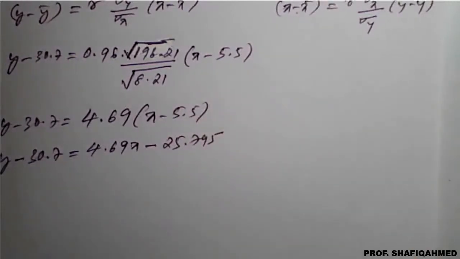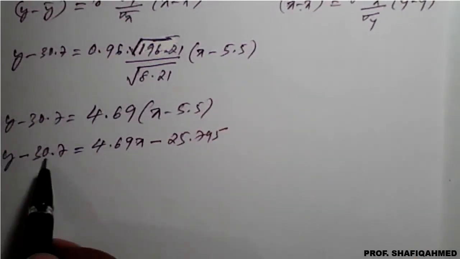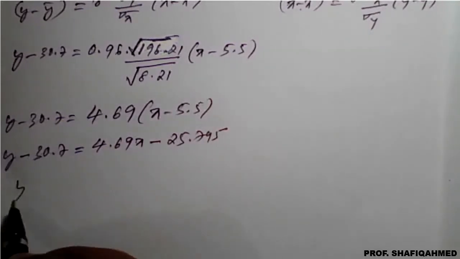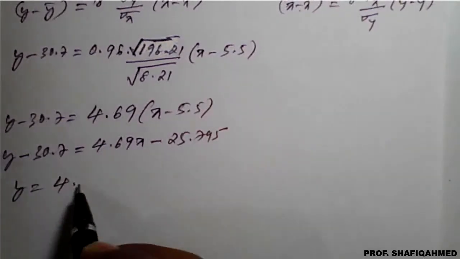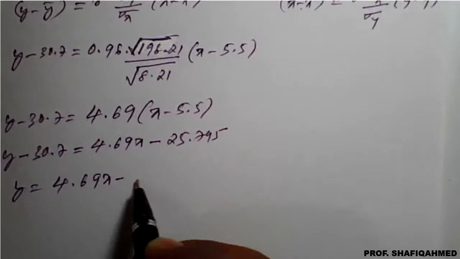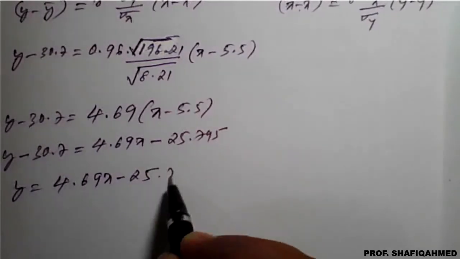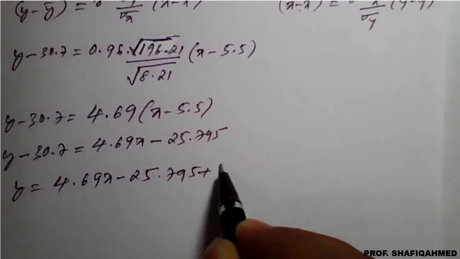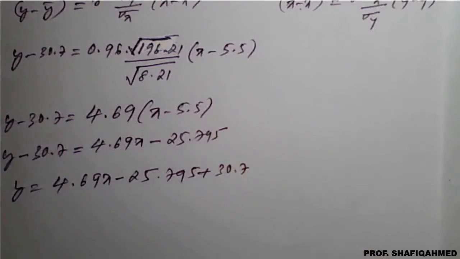4.69 into 5.5 will be 25.795. Okay, so shift this minus 30.7 to the right hand side. So y is equal to 4.69x minus 25.795 plus 30.7.